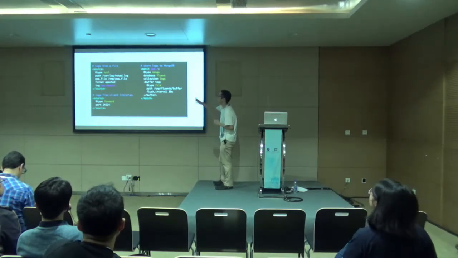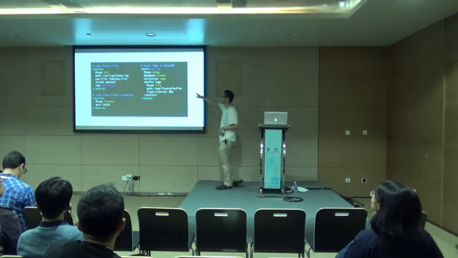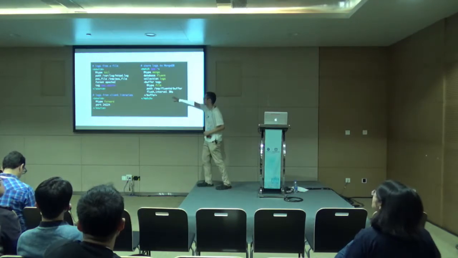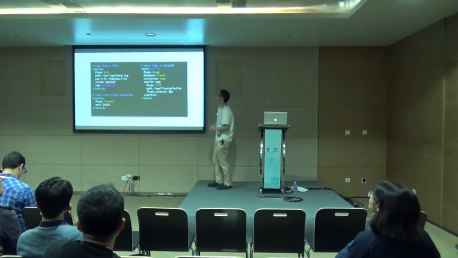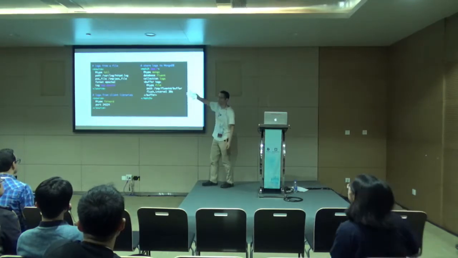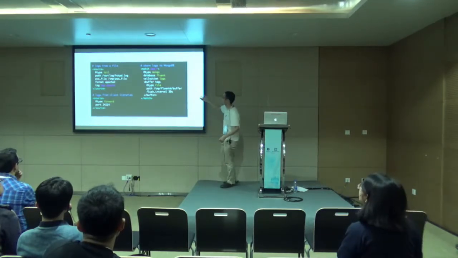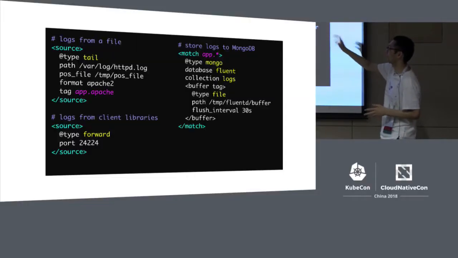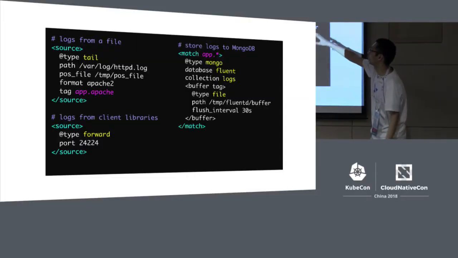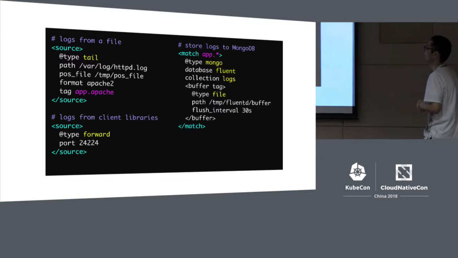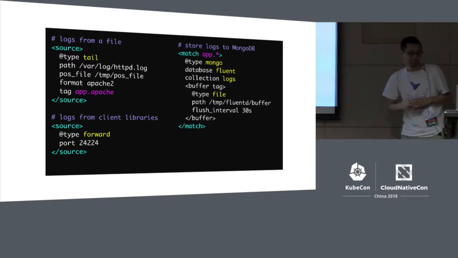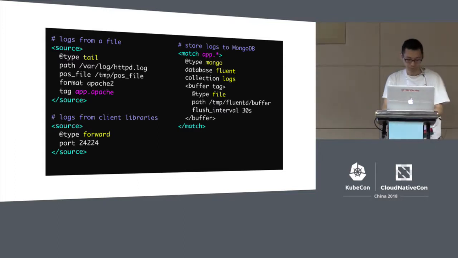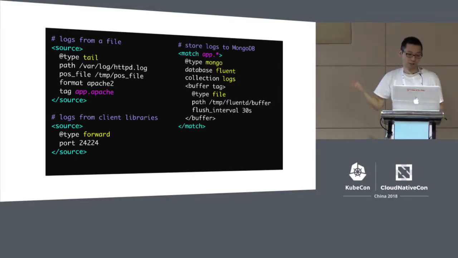In this case, the tail input emits data with the app.apache tag, and this match pattern accepts app.*. Star means any pattern. So the tail's data is stored into MongoDB. This is the very simple basic configuration for Fluentd.